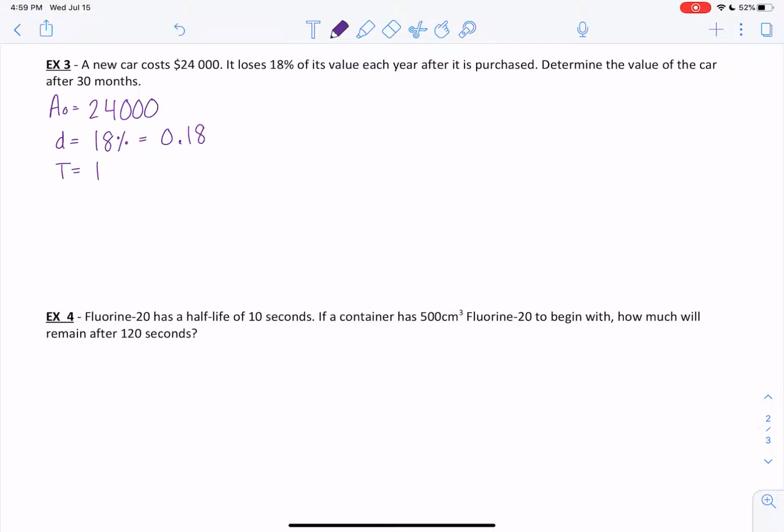So let's fill in our equation. So we'll have A equals 24,000, 1 minus 0.18 to the power of x over 1. And now let's simplify that a bit.